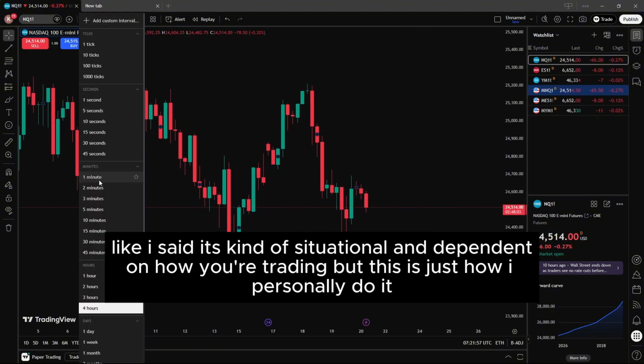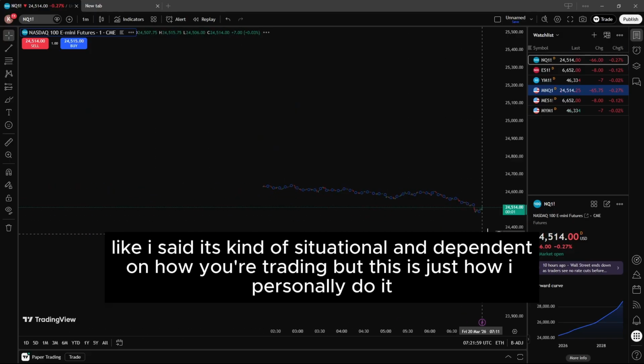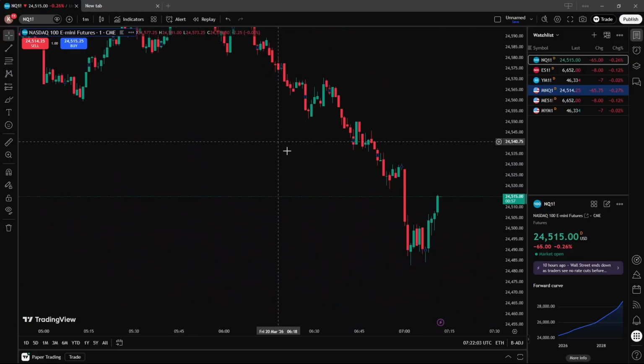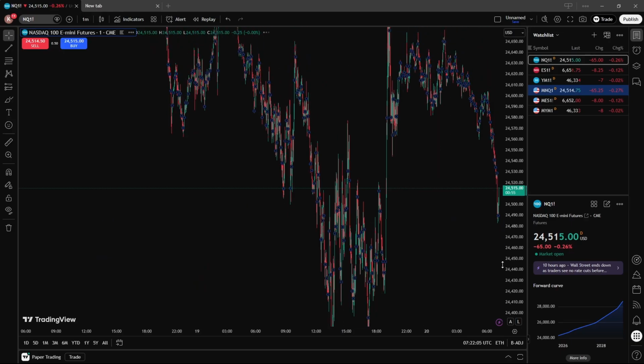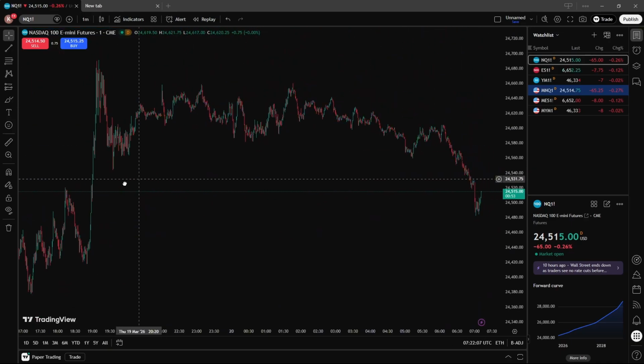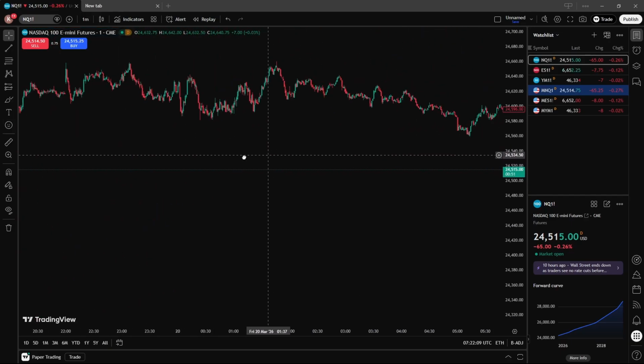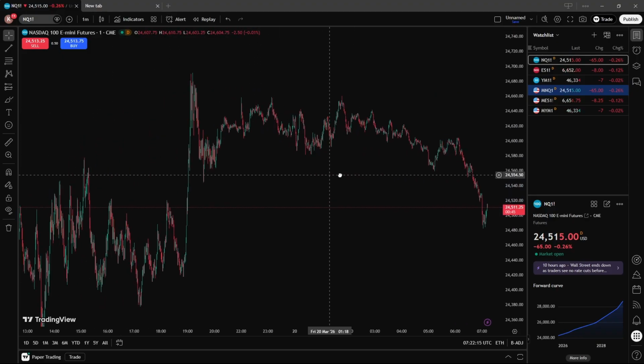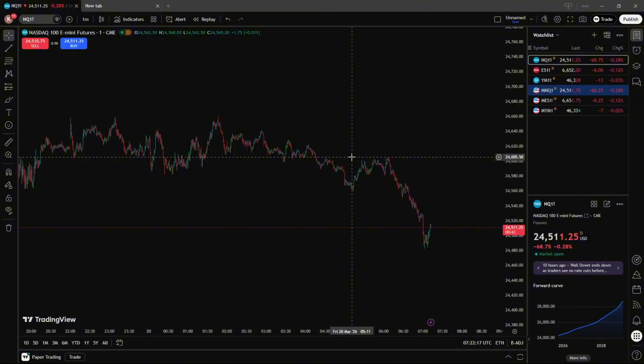And your lower time frame, let's say the 1 minute, is usually used to find more precise entries. There are concepts you can use here to find more precise entries.